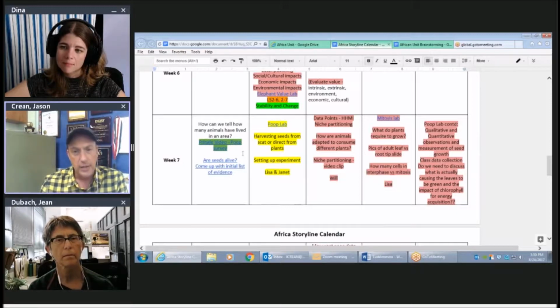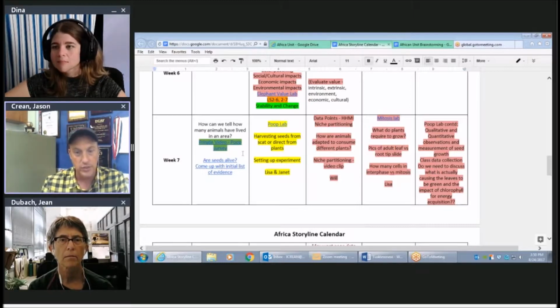They'll do a mitosis lab that will compare the growing root tips of their seeds during the course of their experiment, and compare that to adult leaves to see what the difference is, so they can determine that there is a greater rate of mitosis in this growing root tip over an adult leaf.